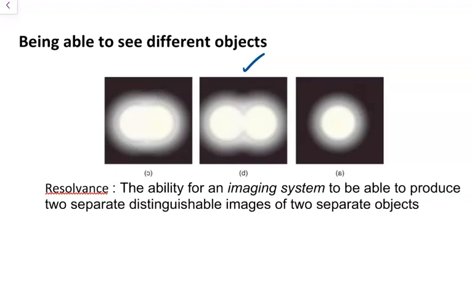This one is barely 2 separate objects. And that's the moment that it becomes 2 separate objects. And this is just 1 object. So let's say 2 objects, maybe 2 objects. And this is definitely not. This is 1 object, or not 2 objects.